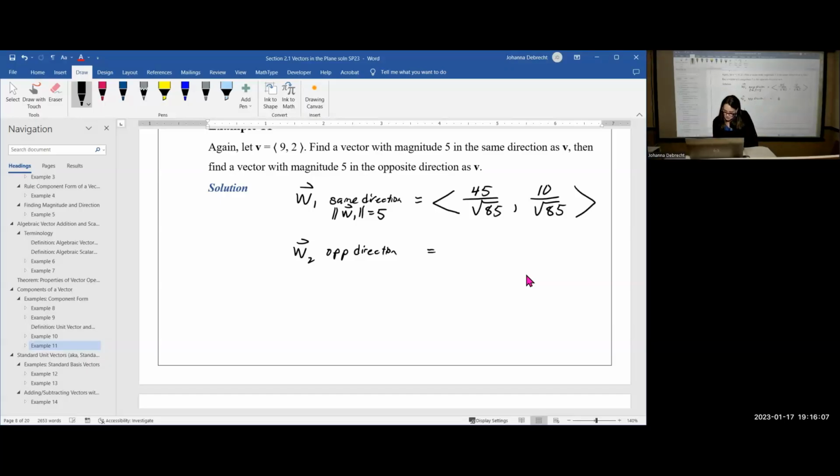And so this one is going to be negative 45 over the square root of 85 and negative 10 over the square root of 85. Right? And that will make a vector exactly 5 units long that points in the opposite direction to the original vector v terminating at the ordered pair 9, 2.